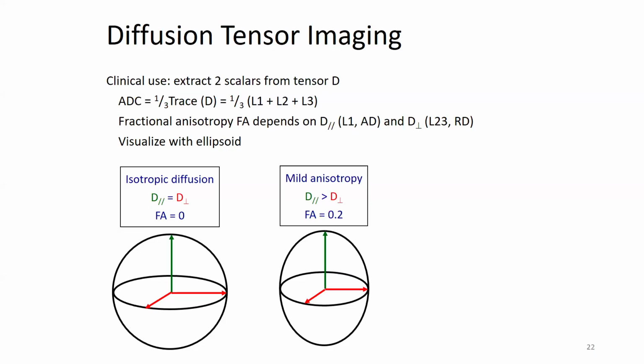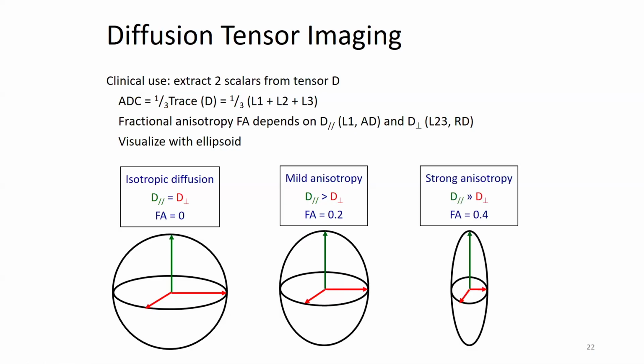Then I have, for instance, a kind of rugby ball, what I call mild anisotropy. And here I do have a certain preference for the parallel or the axial diffusivity, the green one, and the perpendicular one is a bit smaller. Maybe I have an FA value of about 0.2. And then I also have this more cigar-shaped form, where I have what I call strong anisotropy.